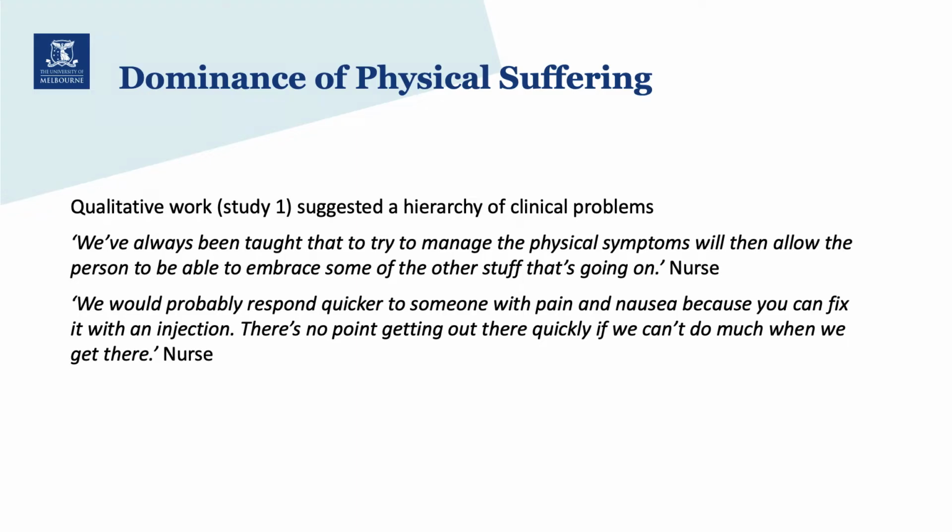Another nurse said, we would probably respond quicker to someone with pain and nausea because you can fix it with an injection, and there's no point getting out there quickly if we can't do much when we get there. So really that's just around the value of resources.